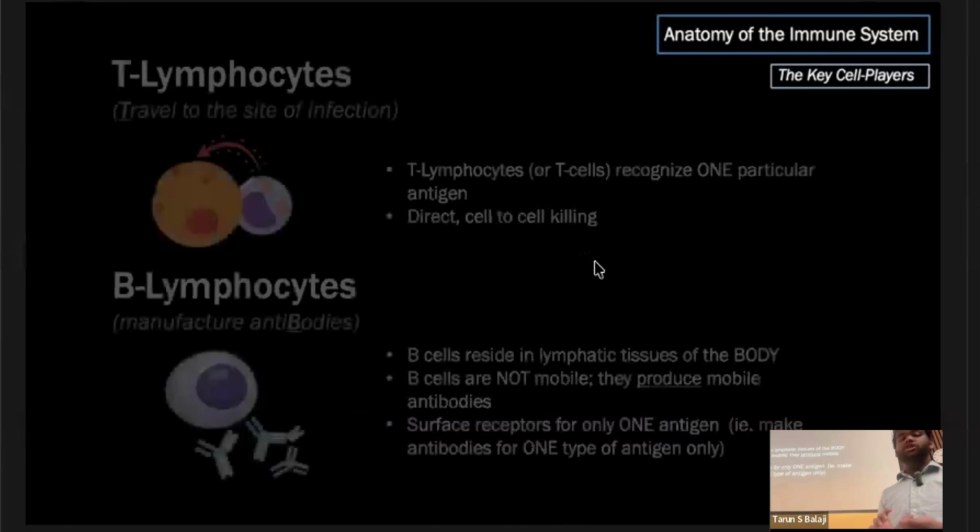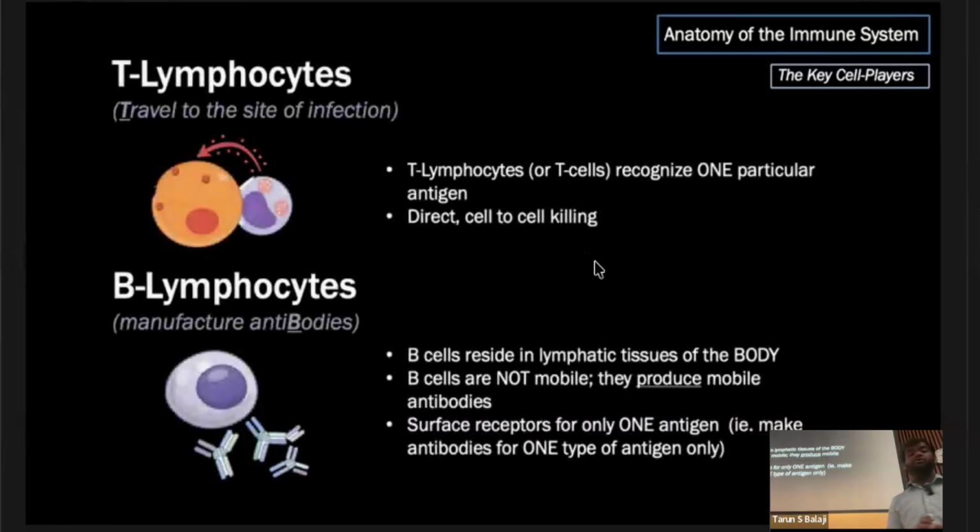Now, your other two cell types, you've got T lymphocytes and B lymphocytes. Now, these T cells are gonna travel to your site of infection. Your T lymphocytes are essentially trained to target one particular type of antigen, and they're gonna go out in body tissues and body fluids, seek for these antigens, target them, and direct cell to cell killing.